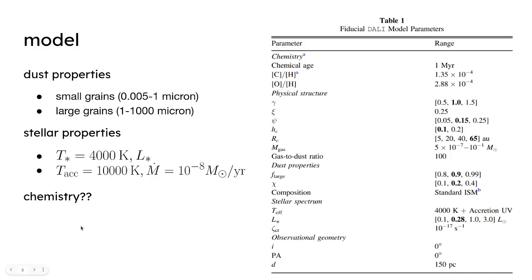So I don't know what kind of chemistry is there. Is this important? Now, this particular transition of CO that they choose is, as I said, optically thick. It traces the surface. So it might not really be important what goes on under there, right?